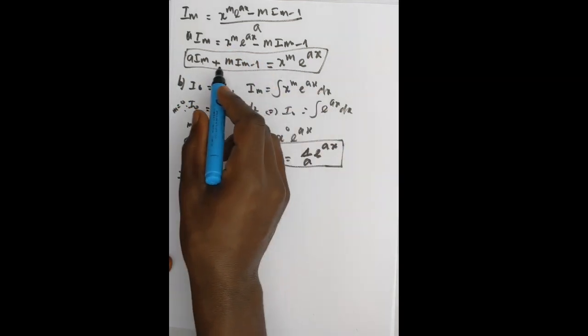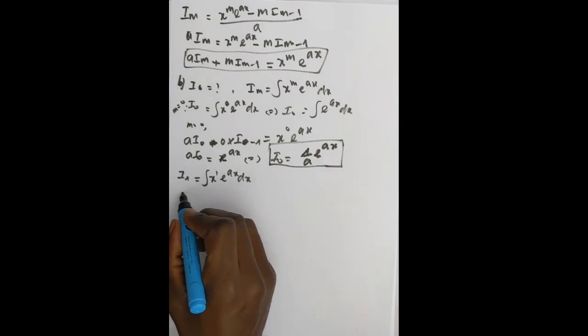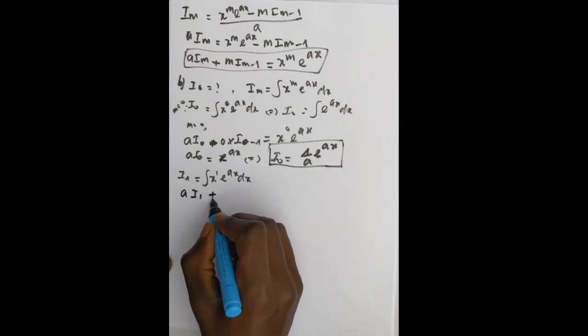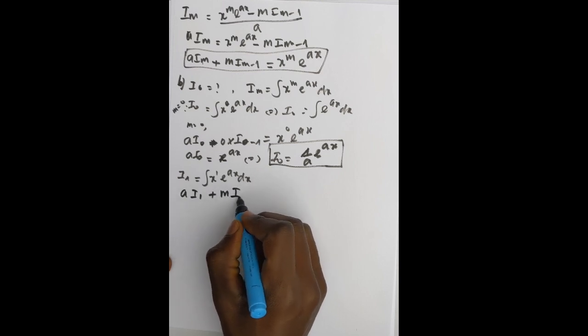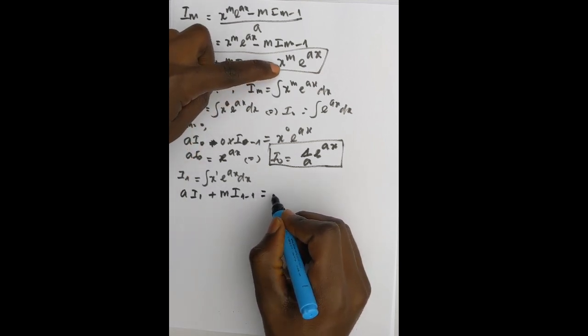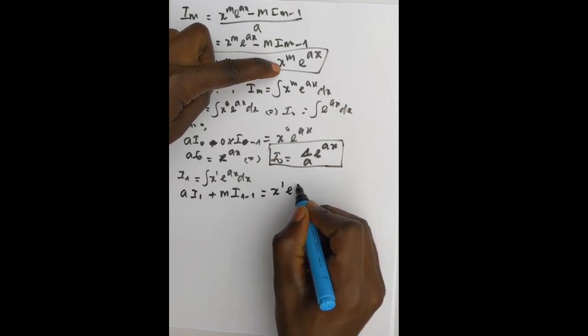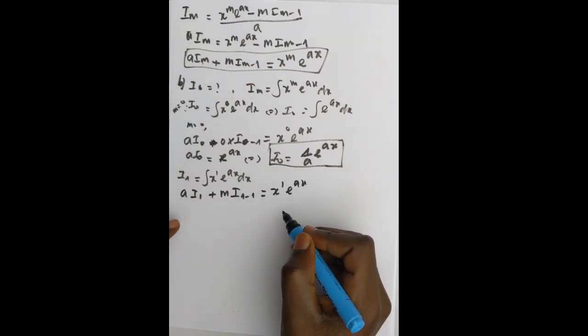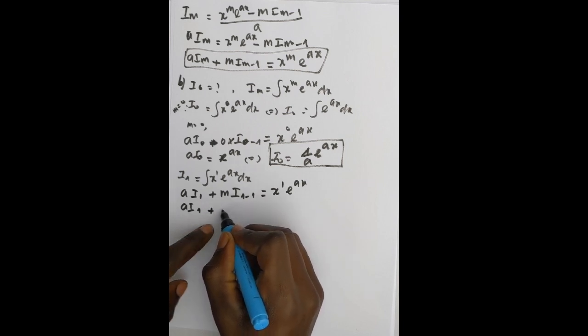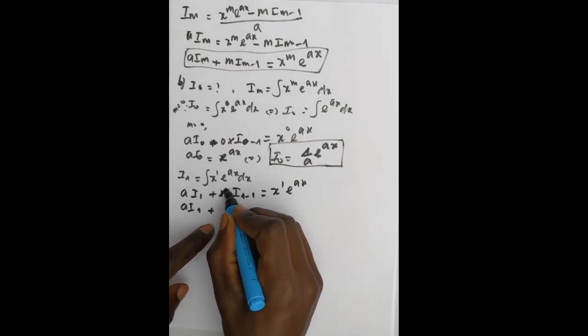So by replacing here, I will get a I1 plus m I0 equals x power 1 e power ax. So you get a I1 plus, sorry, here I have 1.